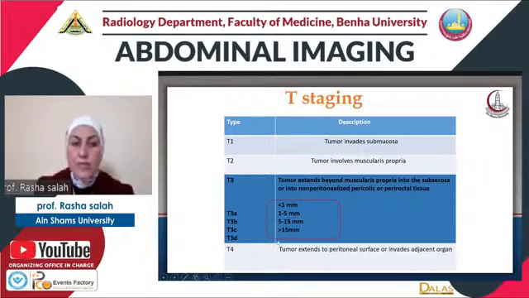And then lastly, T4 tumor, where the tumor is seen extending beyond the muscle layer, but not only that, it is infiltrating the peritoneal surface, and it is staged as T4A, or it invades any of the adjacent pelvic organs, including seminal vesicles, uterus, posterior vaginal wall, or the pelvic side wall, and it is staged as a T4B tumor.